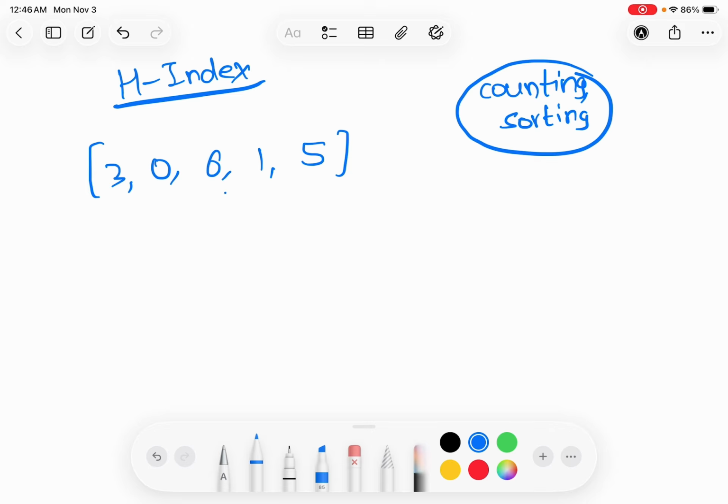Are there at least 2 papers which have been cited at least 2 times? Yes. If you go to 3, are there at least 3 papers which have been cited at least 3 times? Yes, this paper at least 3 times, this at least 3 times, this at least 3 times. Let's go for 4. Are there 4 papers which have been cited at least 4 times? No, we don't find that. So 3 would be the H index here.